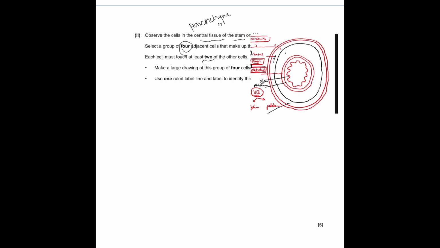Let me draw. And then I'm gonna draw one right here. They have to be different sizes because not all the cells are the same size.